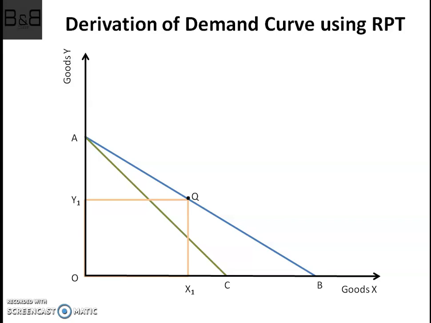Now, RPT states that the consumer is constant, meaning the consumer will continue to prefer the same bundle as long as it is available to them.